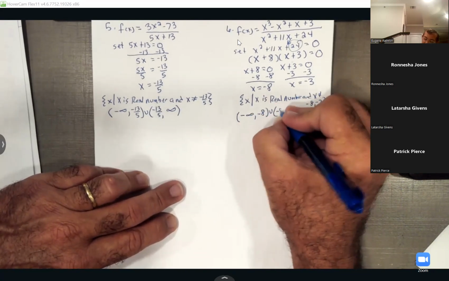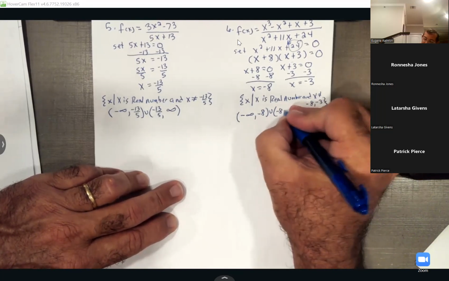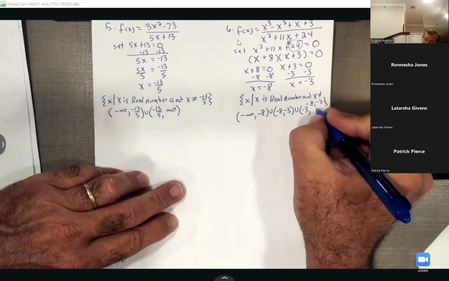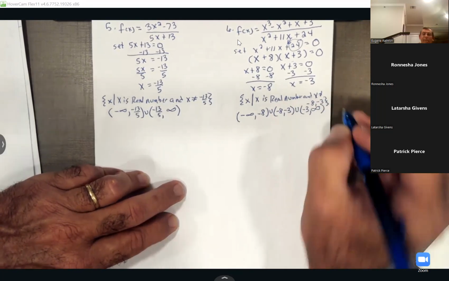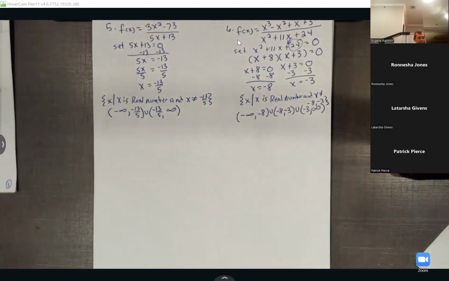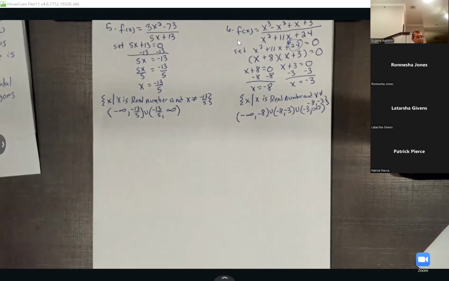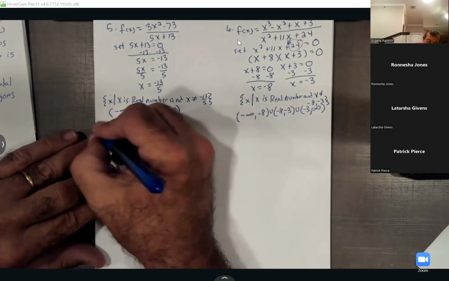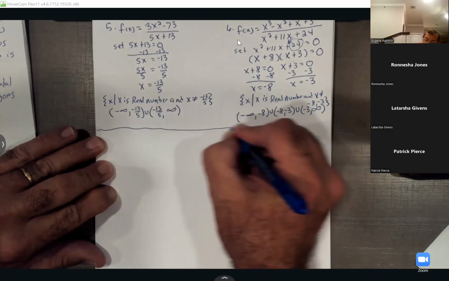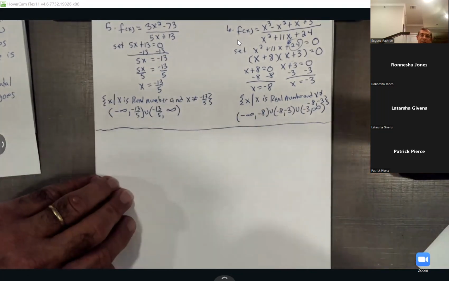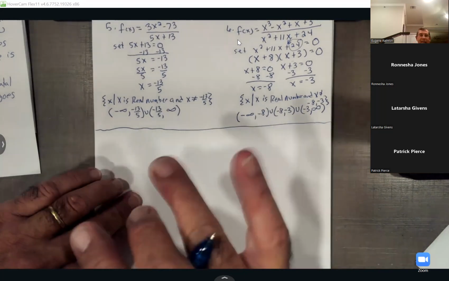Union around -8 until we hit -3. Union around -3 till we hit our positive infinity. All right, y'all, so that was 5.1, all 6 of them. And then the support for 5.1 will do some of that factoring like I showed y'all with my signs a while ago, okay?